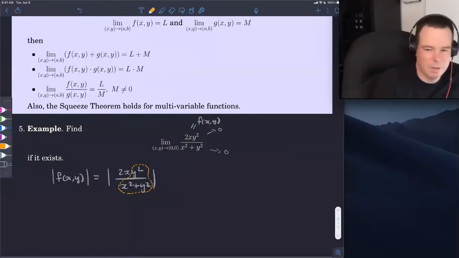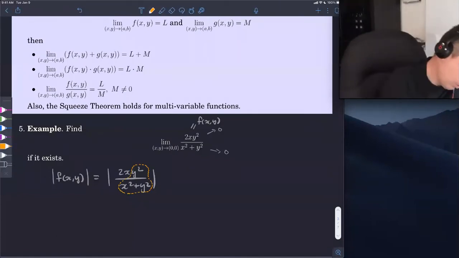I'm going to pick it apart and look at this ratio. Can anyone tell me what the biggest this ratio could be? What's an upper bound on this? Maybe you want to think in terms of relative size. Yeah, it's 1. So y squared is less than or equal to the denominator, x squared plus y squared. So this ratio is at most 1.